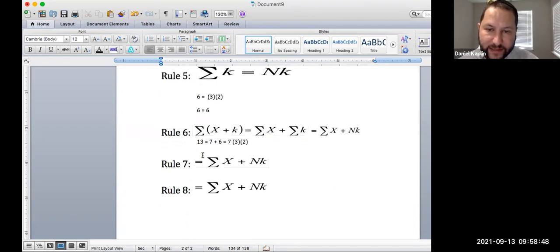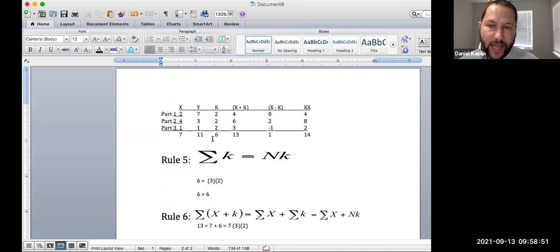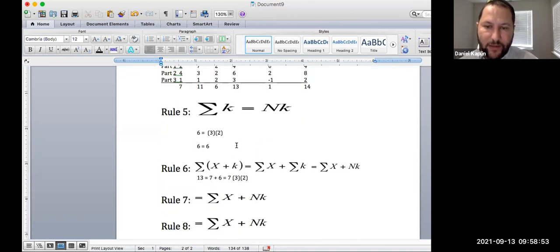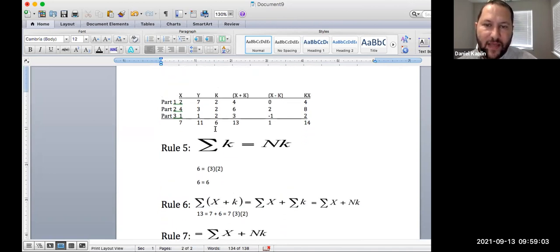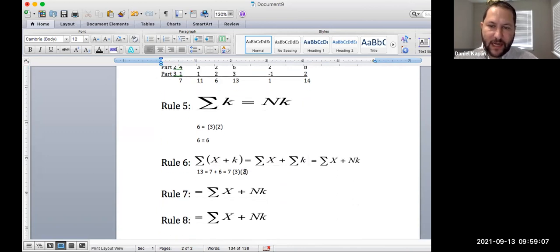So rule 6 is pretty straightforward, right? We took the x plus k column, we got 13. We match it with is equal to the sum of x plus the sum of k. So the sum of x column was 7, sum of k column was 6, and then n was 3, and then k is 2, right? So that's how these numbers got here.